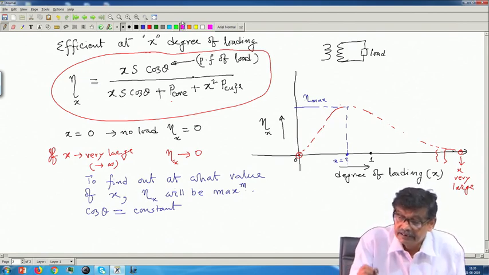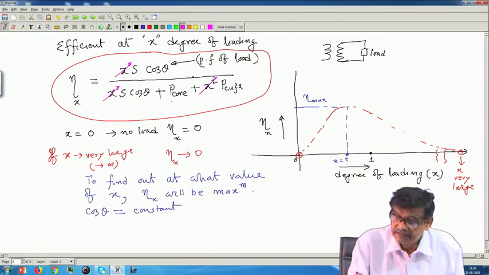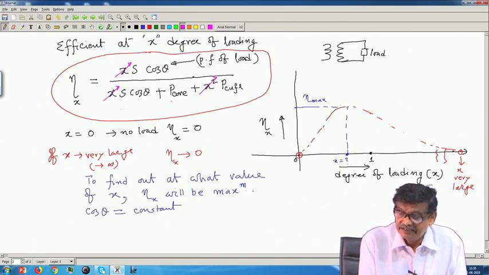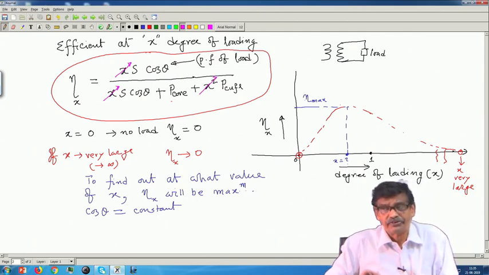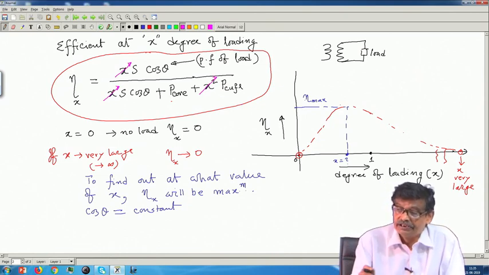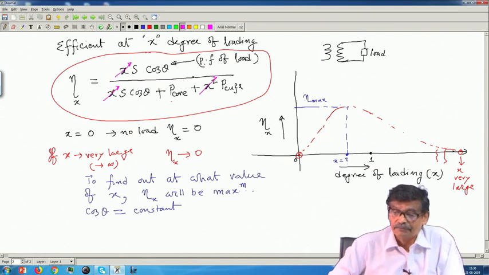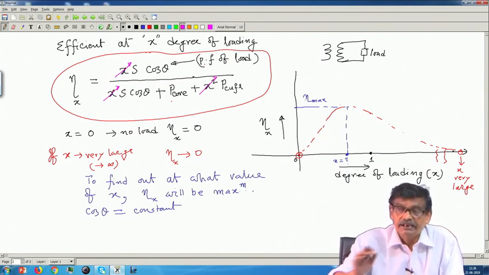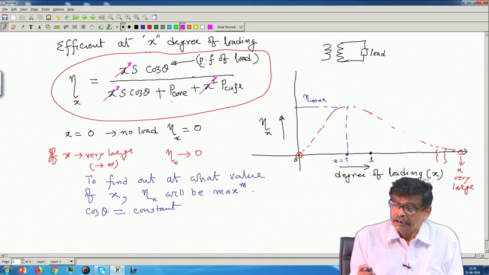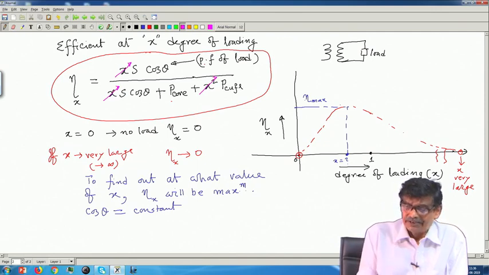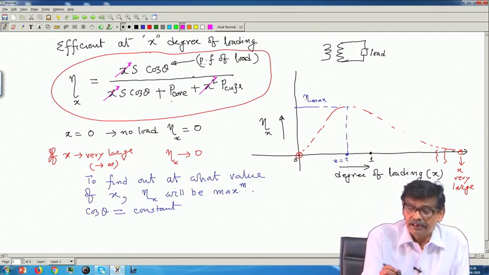So, in this expression I will vary x, but other things remain constant. S is of course the rated kVA. So, cos theta is kept constant, P Cu full load is constant. So, I will vary only x. To find that out is pretty simple, because I will just maximize this function.